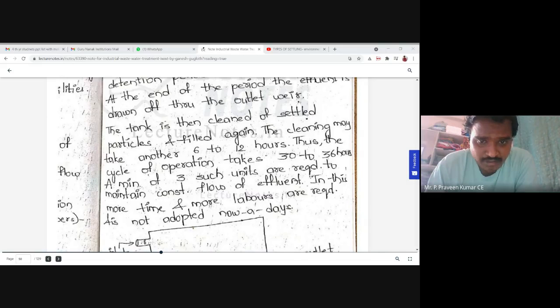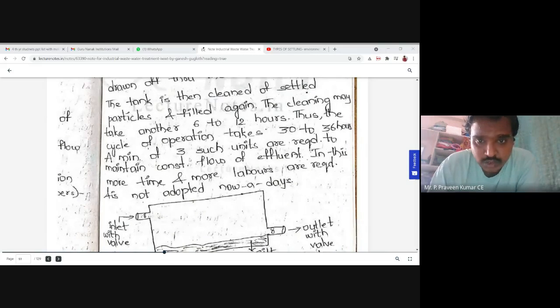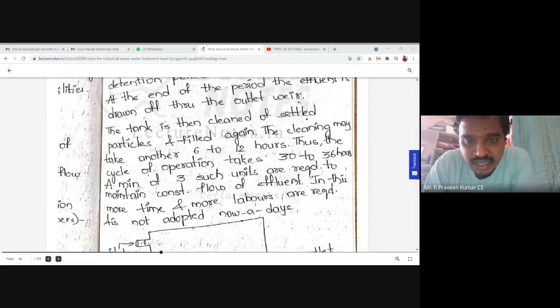A minimum of 3 such units are required to maintain a constant flow of effluent. With 3 units, the flow will be very constant.